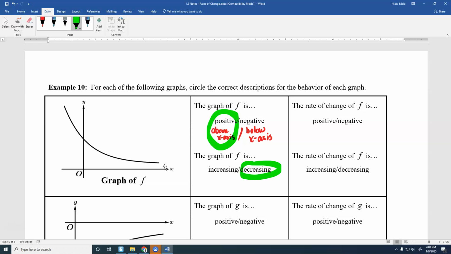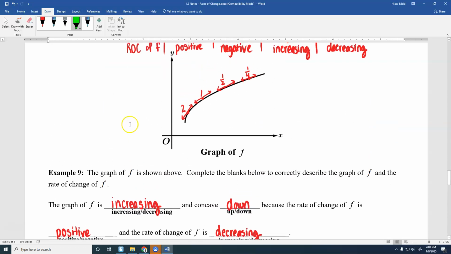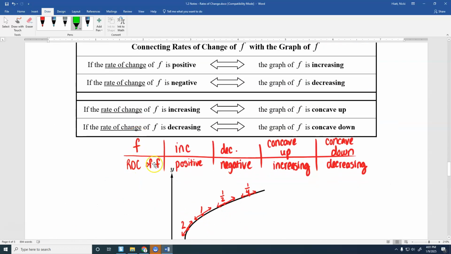Now that was looking at the graph that they had given us. When we talk about the rate of change of f, then that's not necessarily true for positive or negative. So if we go back up here to that little table that we made, if the rate of change is positive, it means that f will be increasing.